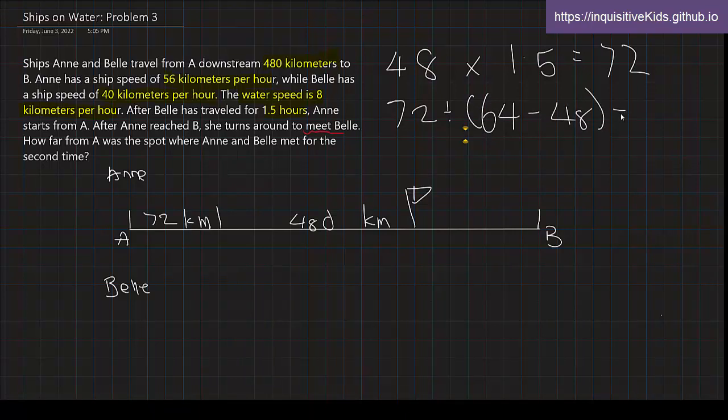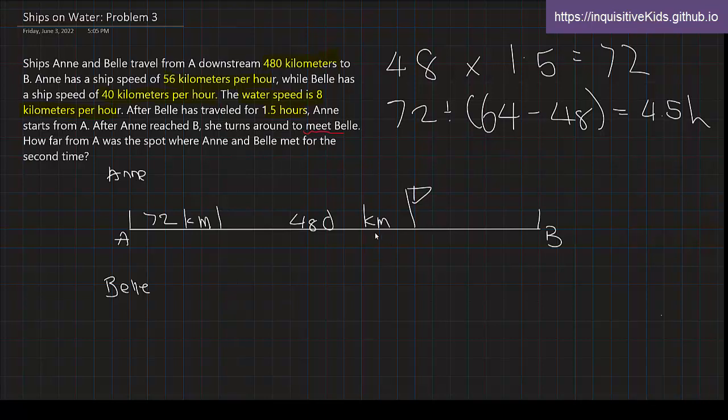So 64 minus 48 is 16. And 72 divided by 16 would be 4.5 hours. So it took 4.5 hours for Anne to catch up to Belle right here.